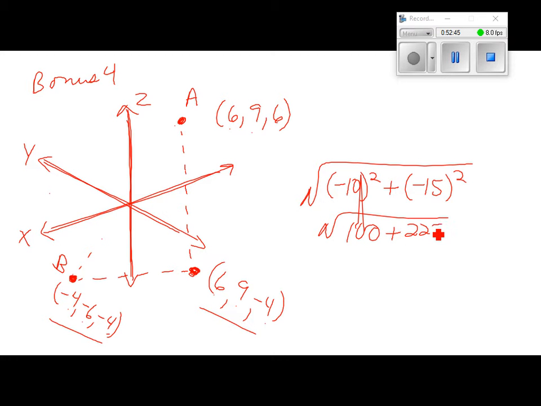This is 225. We add those together, and we get 325, and we got to find the square root of that. The square root of 325 is about 18.0. So that means the length of this segment across through here would be about 18.0.